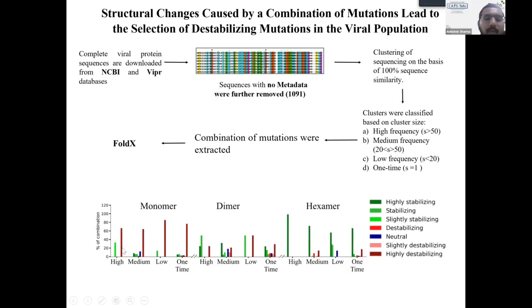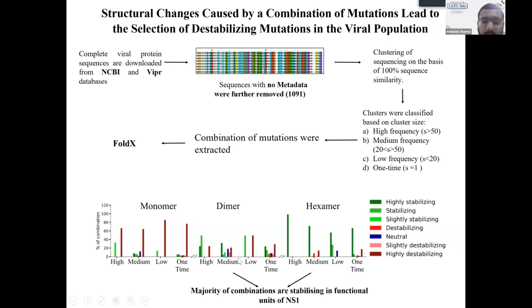Here, what I have shown is the distribution of the combinations with respect to whether they are destabilizing or stabilizing the structure, in the monomer, dimer, and hexamer. You can see that the majority of combinations of mutations are destabilizing in the monomer, but as we move to the functional units, dimer and hexamer, high, medium, and low are all getting into the stabilizing zone.